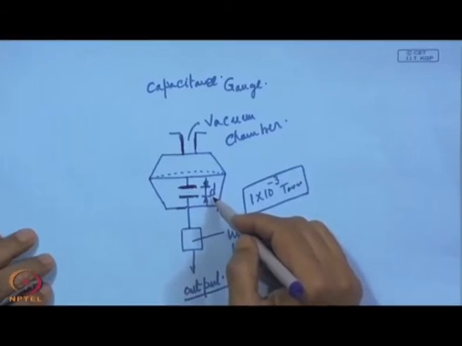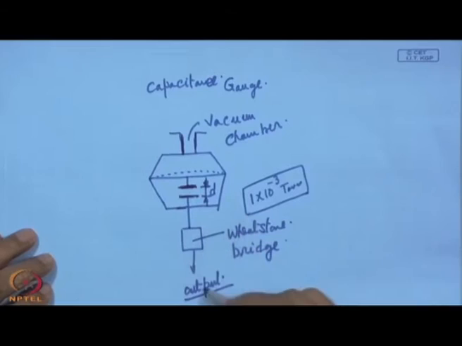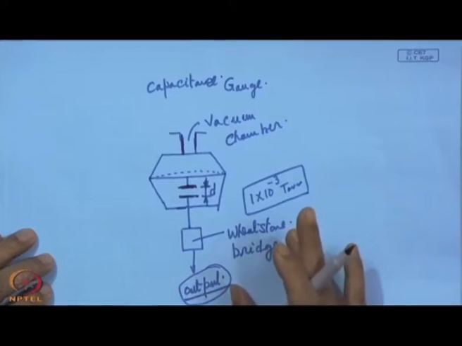That means, if we have a preset value and there is any deviation from this value, that will be recorded here, and the output will be fed to the motor driving this throttle valve.